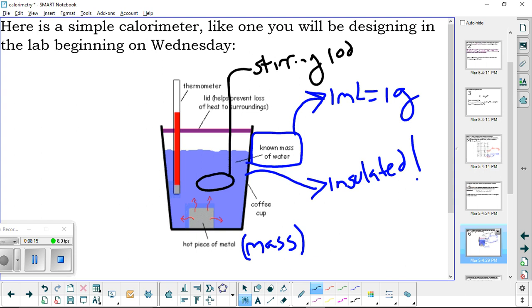So this is a simplistic design for a coffee cup calorimeter. Keep that in the back of your mind, because you and your team are going to design one on Wednesday, and you are going to design it so that you will lose as little heat to the surroundings as possible.